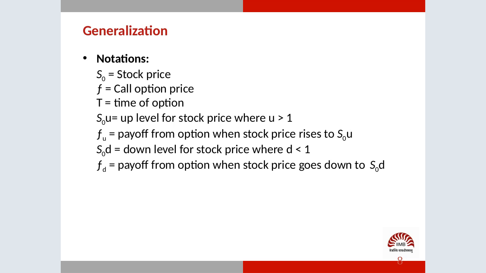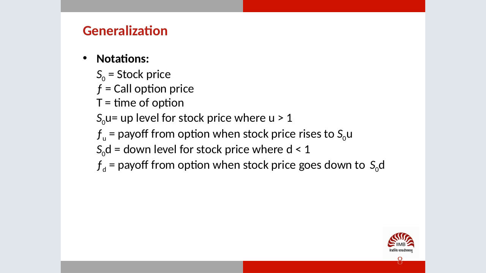Now, this is a theoretically correct way of doing it, but there is another way, which is probably a little easier. And there I'm going to calculate the probability. My current price is S0. T is the maturity time of the option.